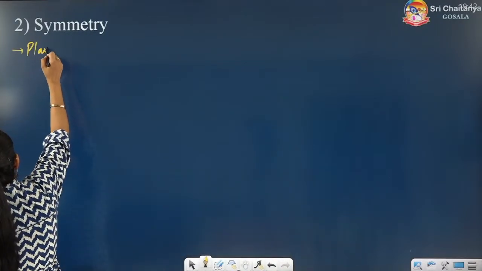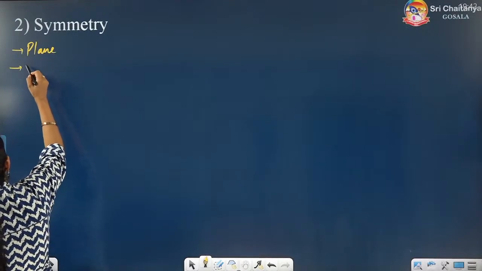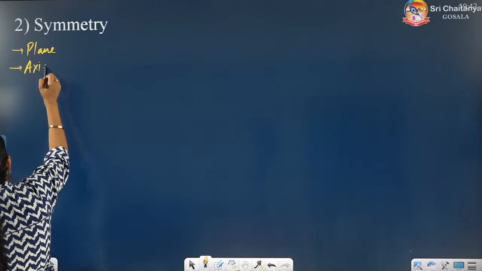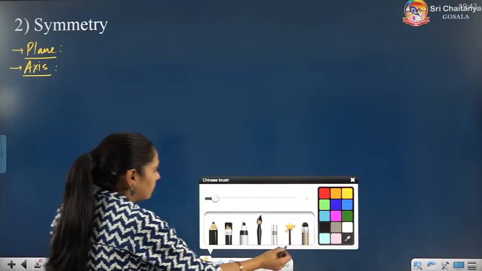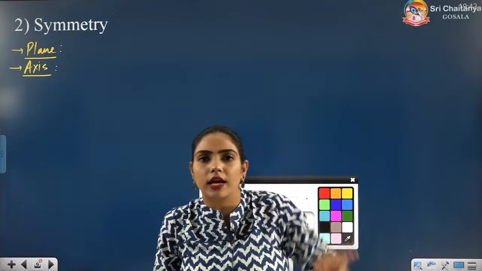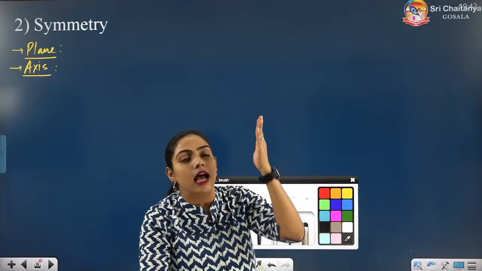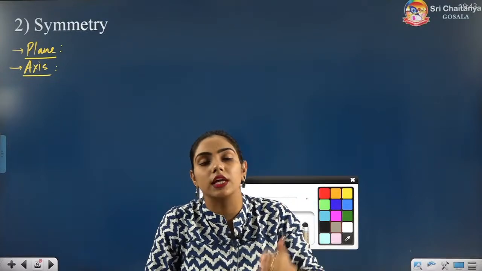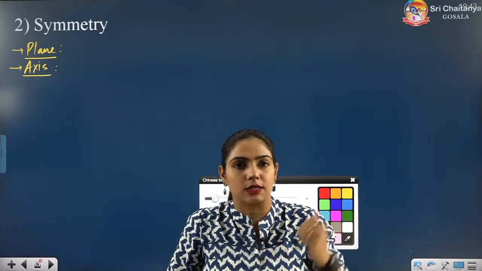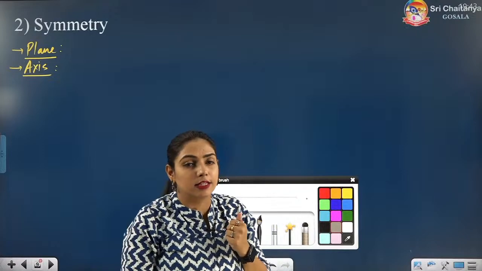If you understand plane and axis, then you will understand symmetry. Plane is not that plane in which you sit and fly. This plane is the actual flat surface which we use to cut or divide the body of the organism.